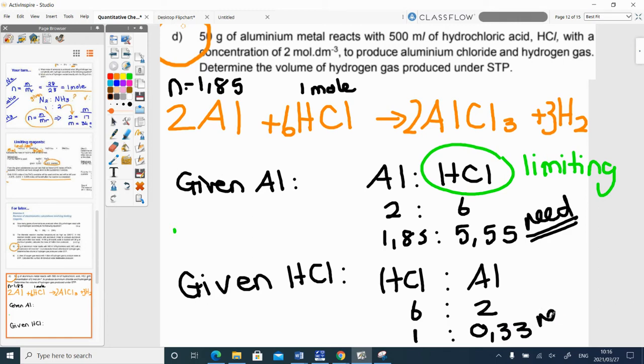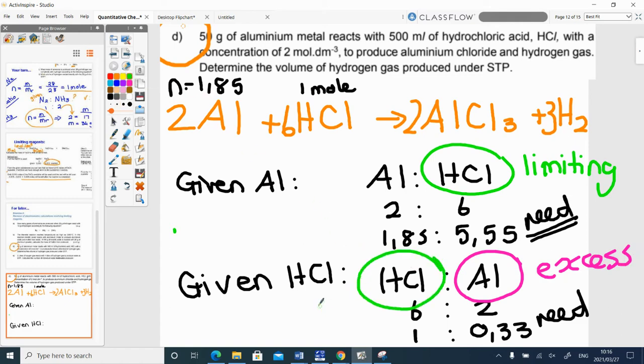So this is what I need. I need 0.33. How much do I have of aluminium? 1.85. So do I have enough? I have plenty. So that means aluminium is in excess, which still gives me that my HCl is my limiting. It doesn't matter which way you do it. You'll still get the same answer.